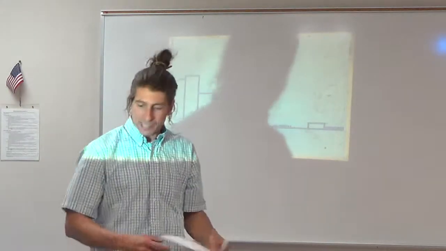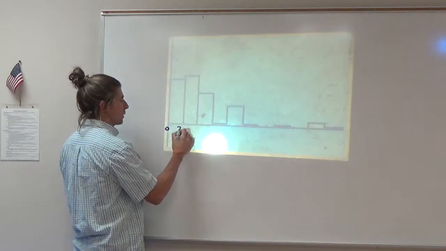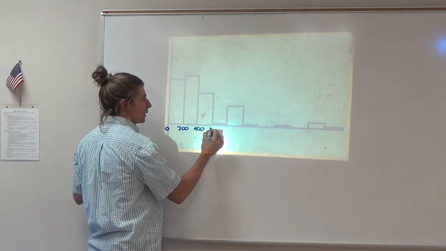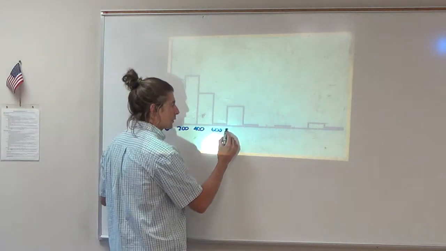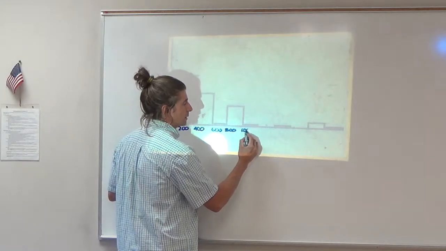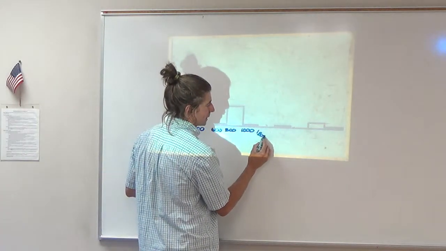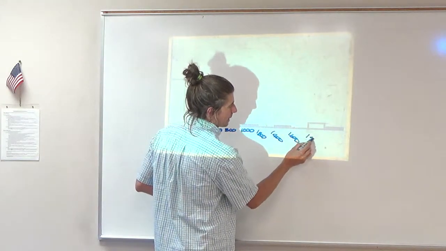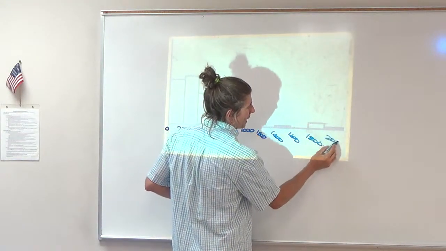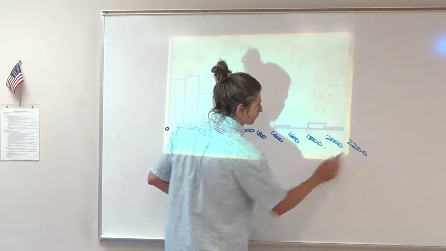So essentially what you would do then is you just have to draw in, there's 0, there's 200, there's 400, there's 600. You have to make it better than the TI is doing it for you. There's 800, there's 1,000, there's 1,200. I'm going to start tilting because they're not going to fit anymore. 1,400, 1,600, 1,800, 2,000, and then 2,200.